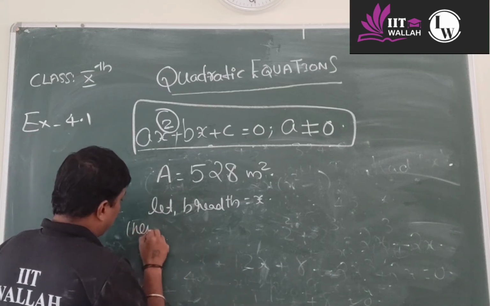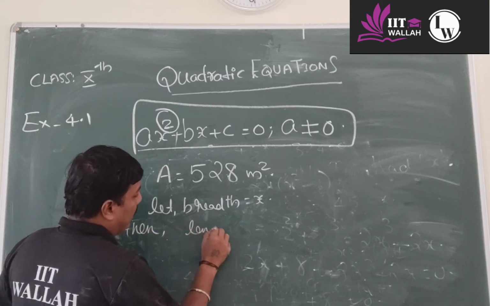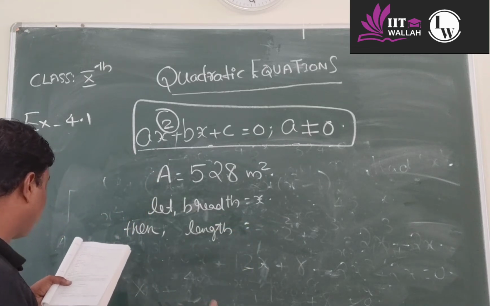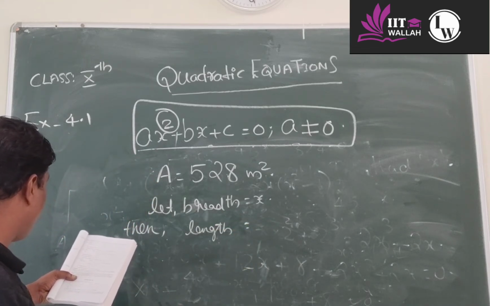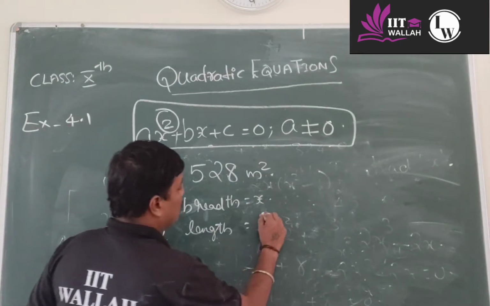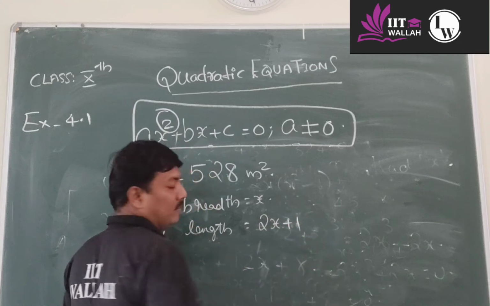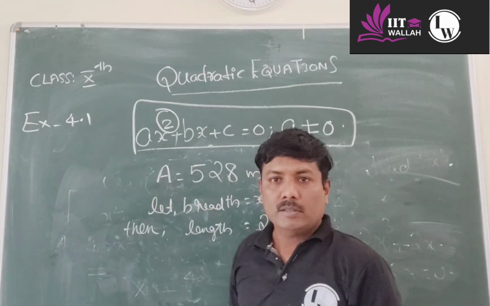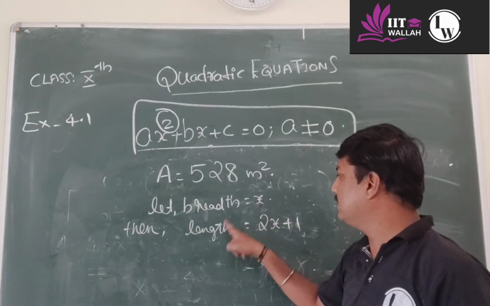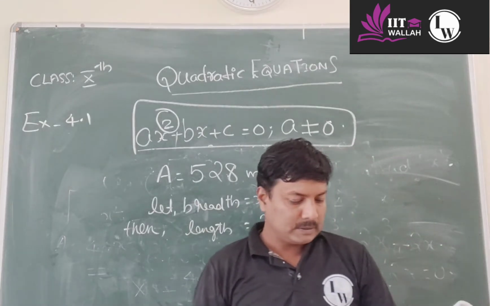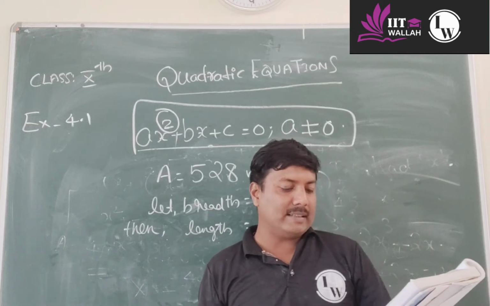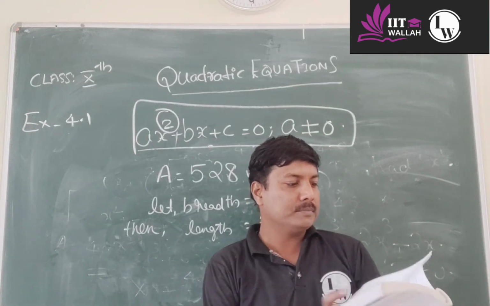Then length will be, it is given that the length of the plot is 1 more than twice its breadth. So 2x plus 1. As we discussed earlier, this condition is the same here. So breadth is x, length is 2x plus 1. We need to find the length and breadth of the plot.